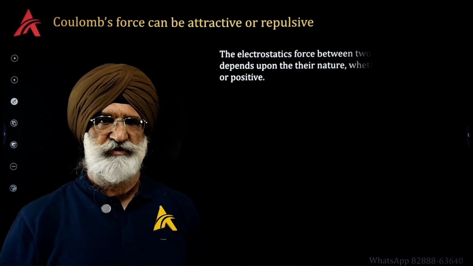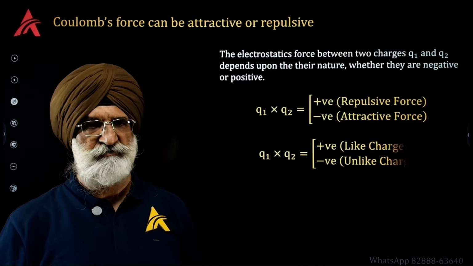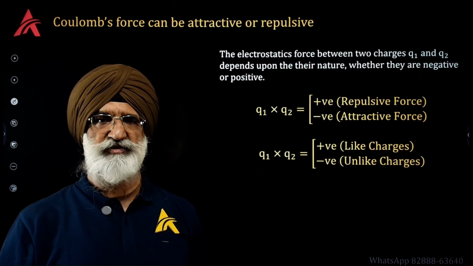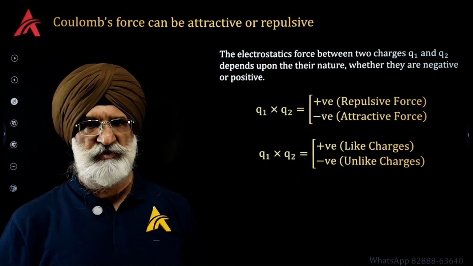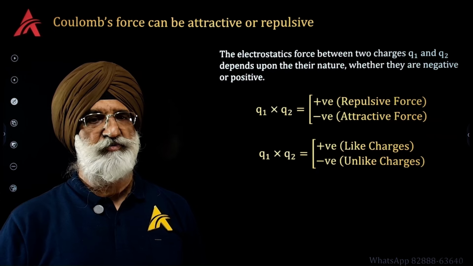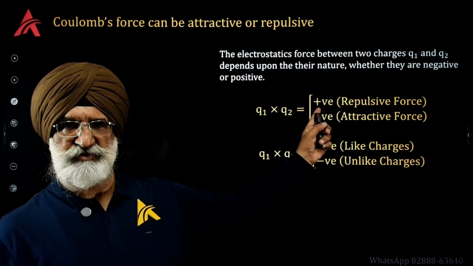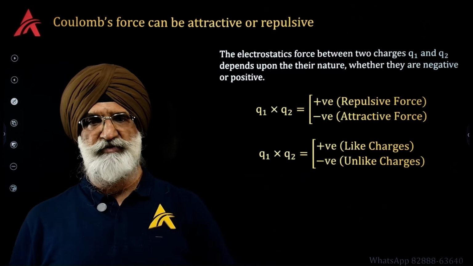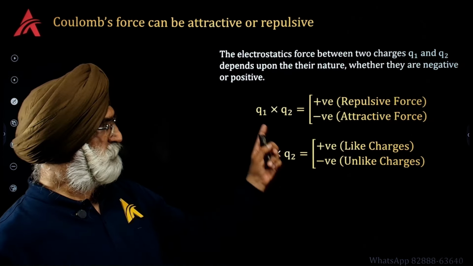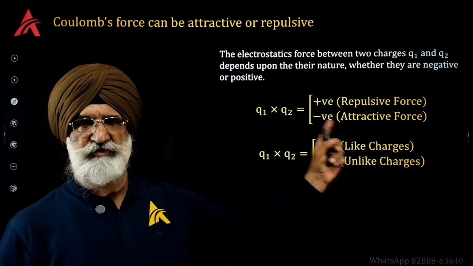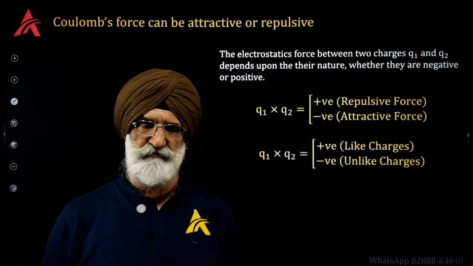Coulomb's force can be attractive or repulsive. It will depend upon the nature of the two charges, and upon the product. If the product of the two charges is positive, the force will always be repulsive. If the product of the two charges is negative, the force will always be attractive.